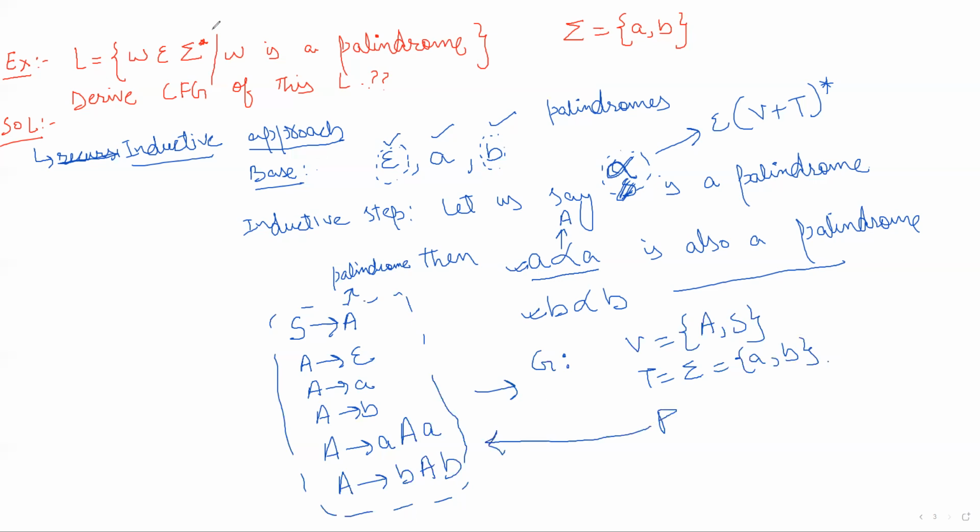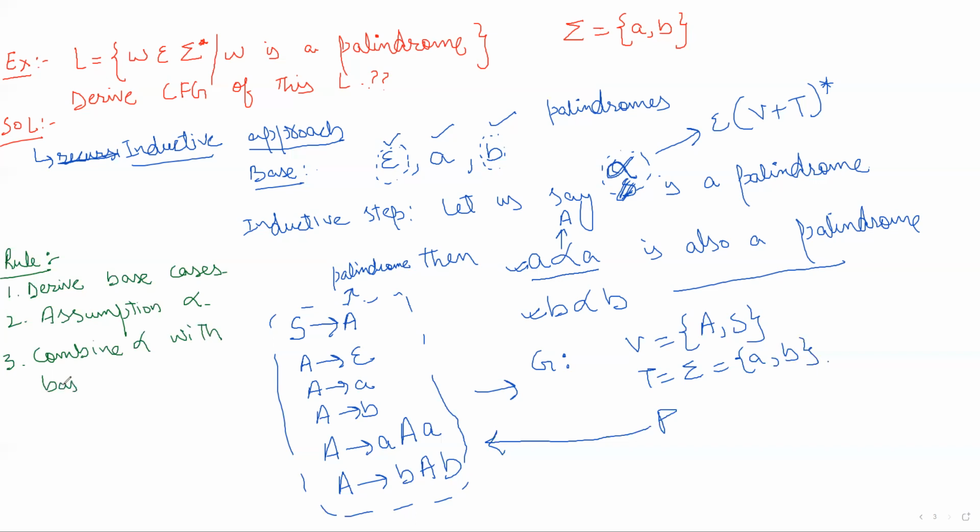Okay, so what is the general rule? The general rule is: the first is derive base cases, then do an assumption for alpha, then third, combine alpha with base cases in all possible manners.